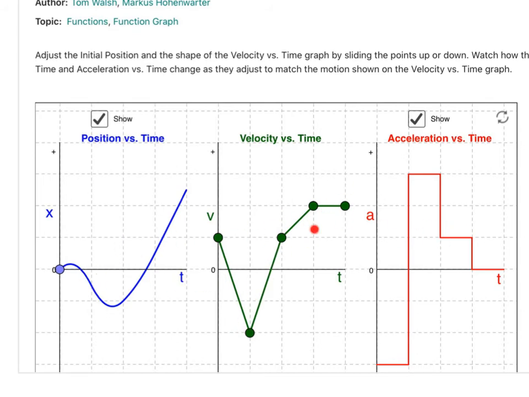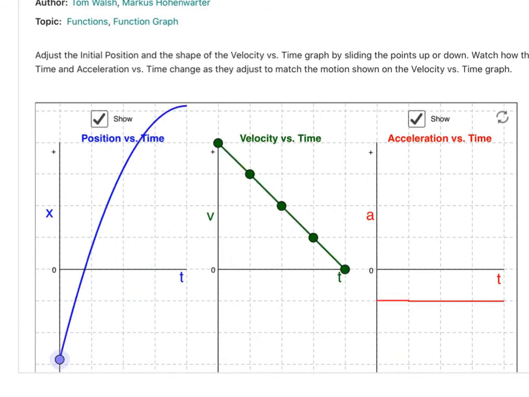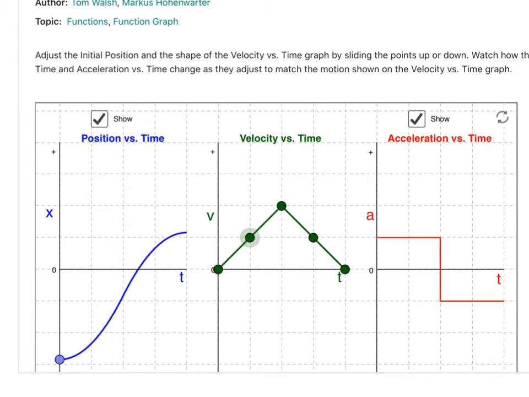There's a couple of things that are unique to these. For one, let's see if I can click on it to move it. For one, if we're looking at the position versus time graph, notice how I can move the starting point and it doesn't affect either velocity or acceleration.